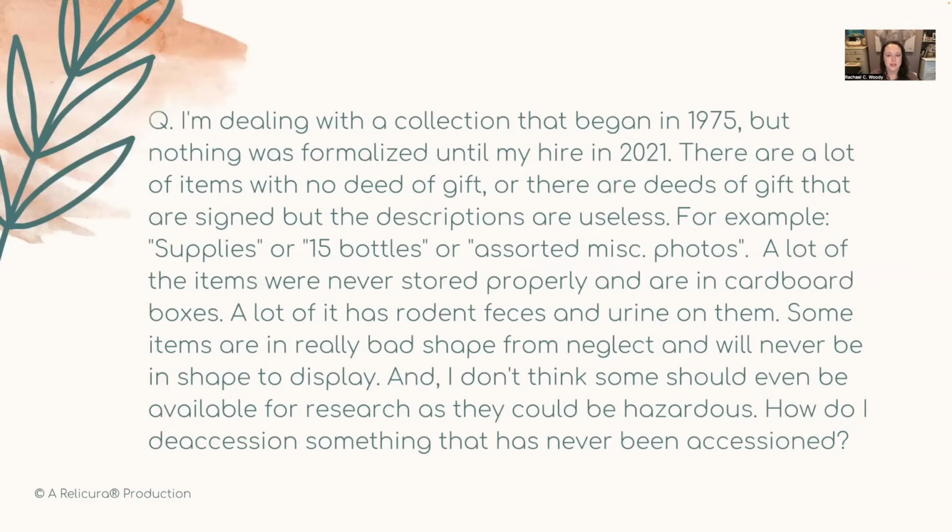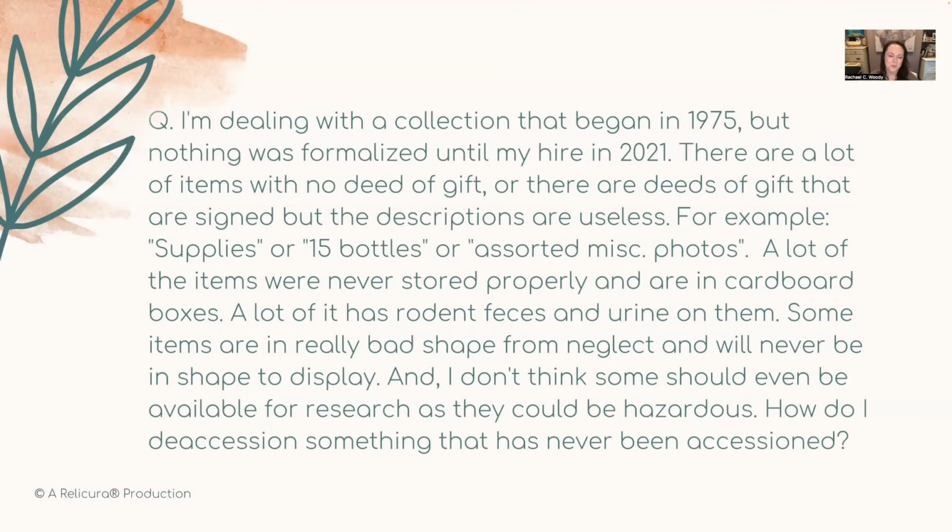Question: I'm dealing with a collection that began in 1975, but nothing was formalized until my hire in 2021. There are a lot of items with no deed of gift, or there are deeds of gift that are signed, but the descriptions are useless. For example, supplies, or 15 bottles, or assorted miscellaneous photographs.